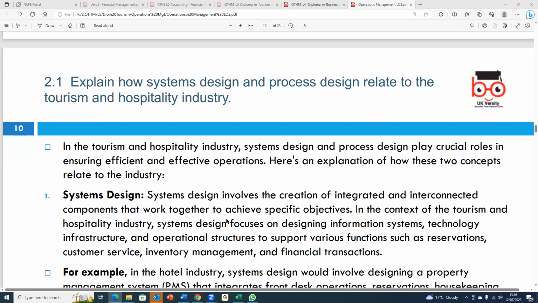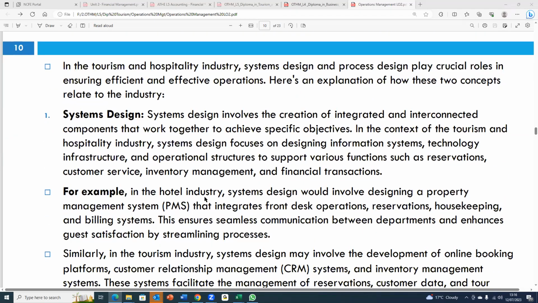For example, when you're designing a systems design, the main focus is to create services, to create integrated services, so to make sure that they are delivering specific objectives in the context of tourism, for example, related to your industry, related to your particular field.